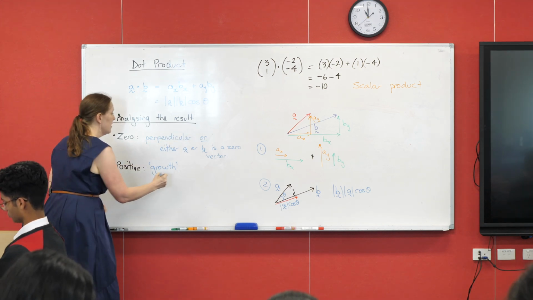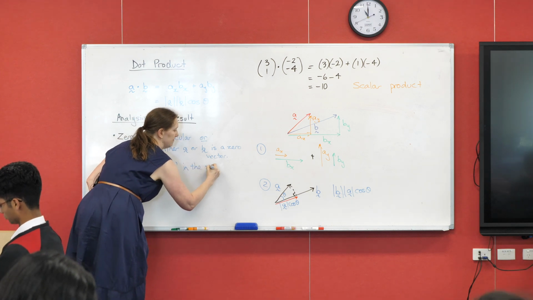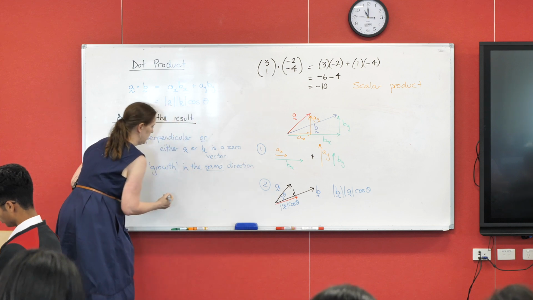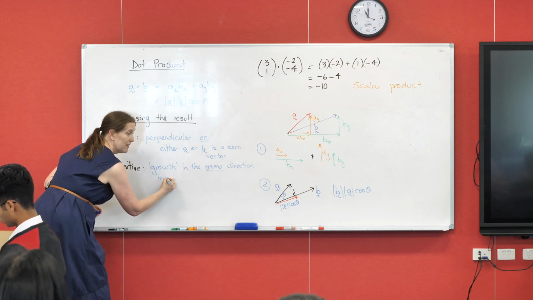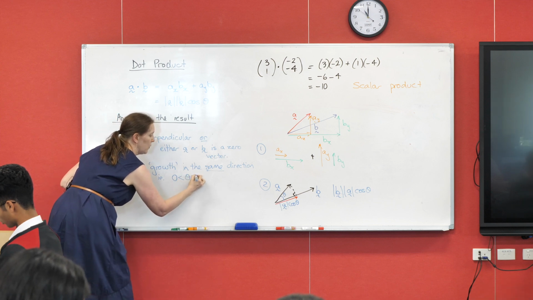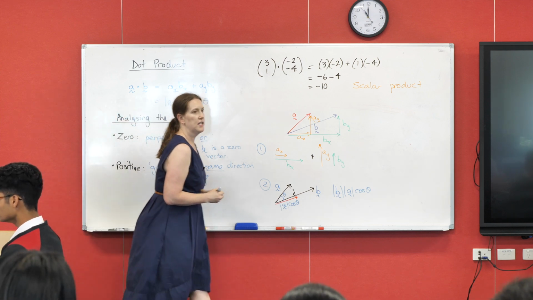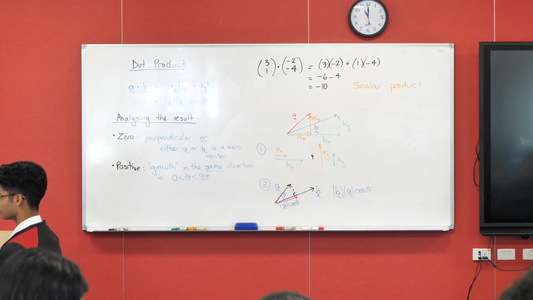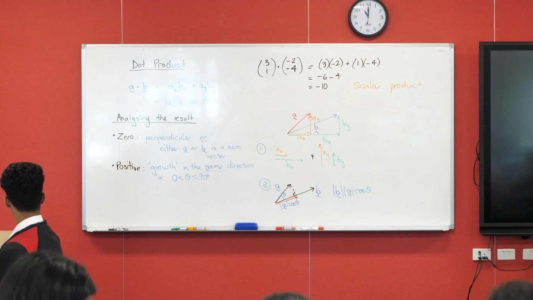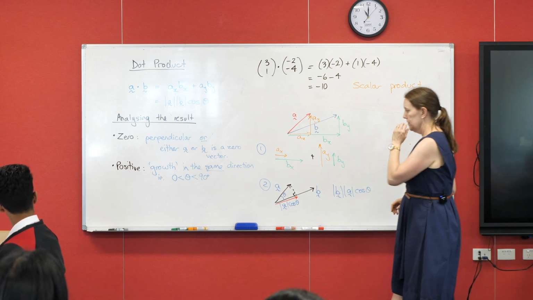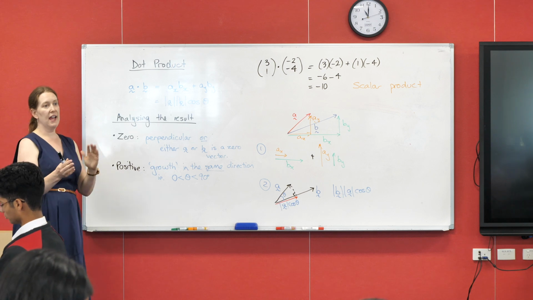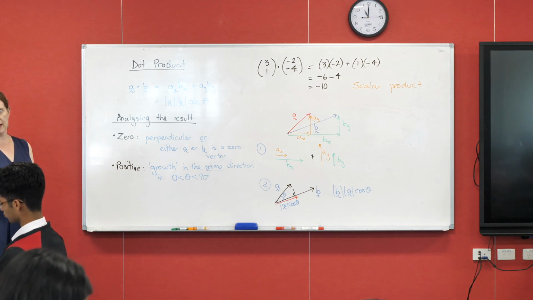But there's growth in the same direction. My blue is running out, so I'll have to transition. i.e., theta has to be between 0 and 90 degrees. We okay with that? So I've got to be heading in the same direction, and my angle has to be between 0 and 90 degrees there.